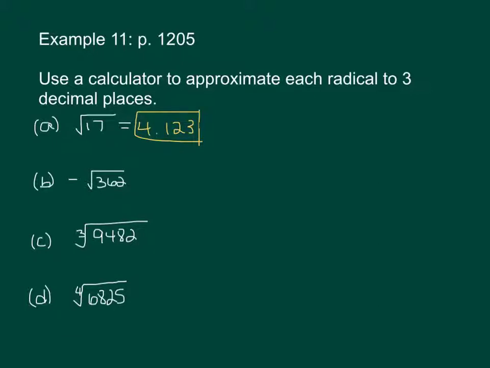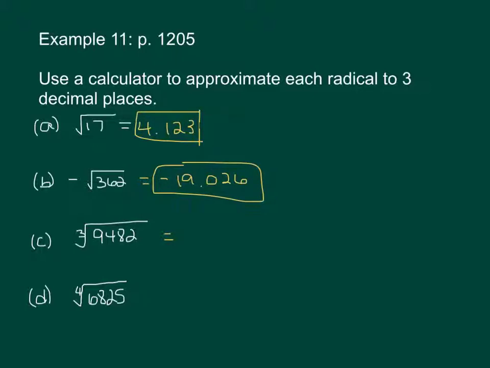Okay, for B, negative square root of 362. It's going to be negative 19.0262, so negative 19.026.